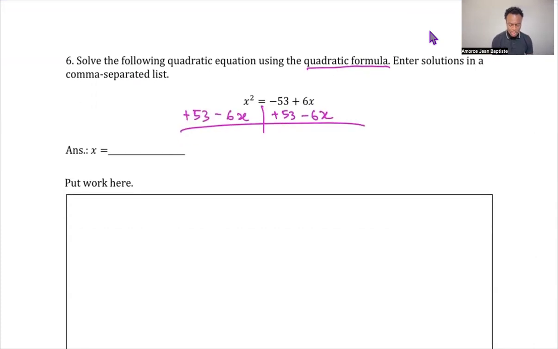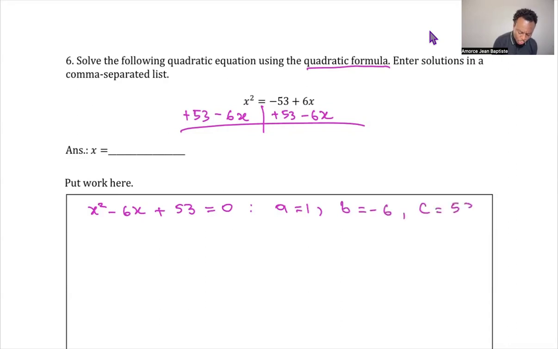This will take me to the standard form of my equation, which is x squared minus 6x plus 53 equals 0. Equation in standard form, so I have a equals 1, b equals -6, and c equals 53.